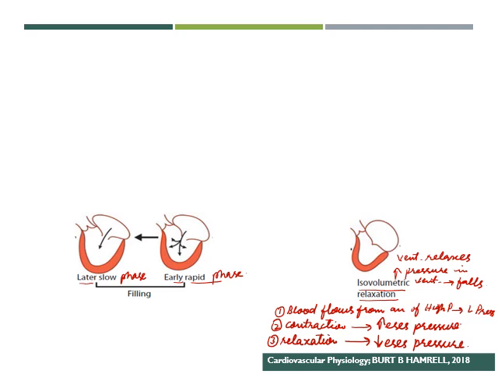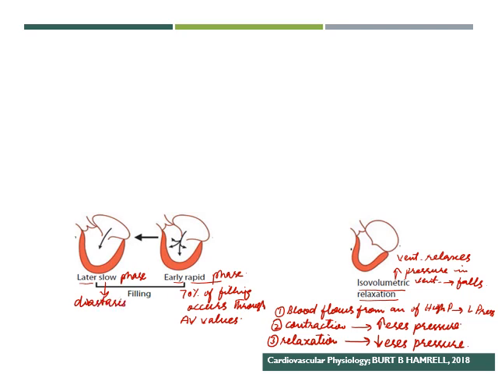During rapid phase, 70% of filling occurs through atrioventricular valves.